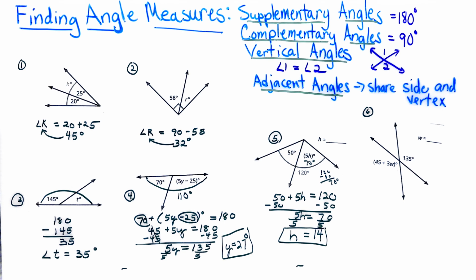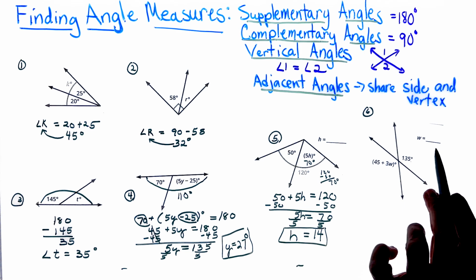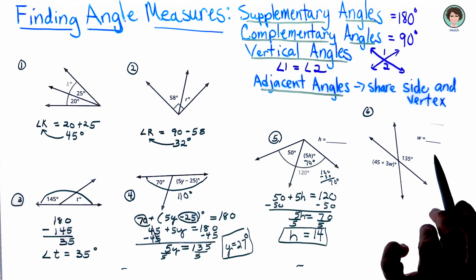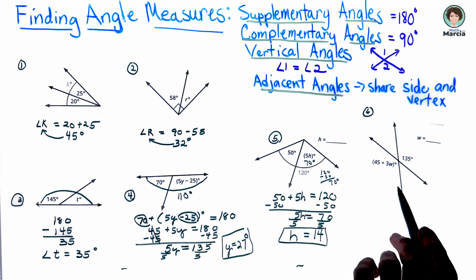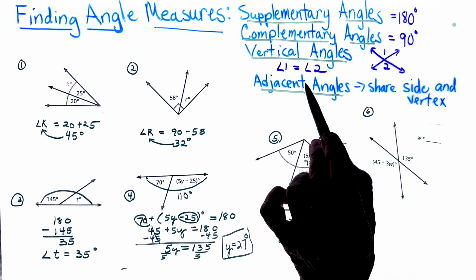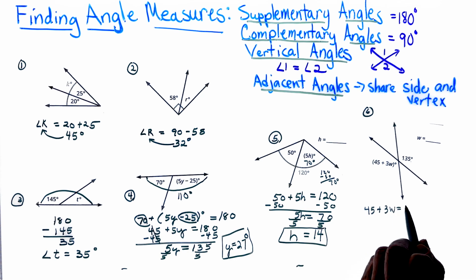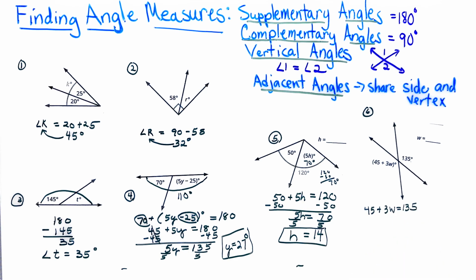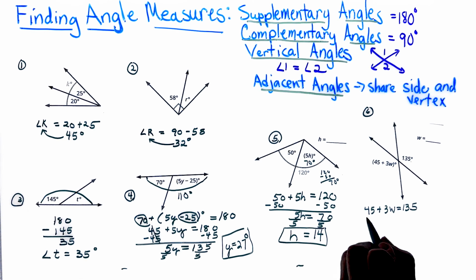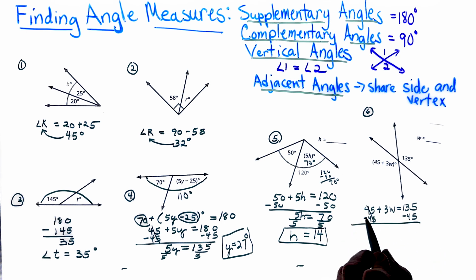And for our last problem, I see they're vertical angles. And notice, they just want me to find w. So looking at this problem, vertical angles, let's go up above, they're equal to each other. And it's across from the x. So I get to say 45 plus 3w is equal to 135. And now when I subtract my 45 from both sides of the equation, that cancels out.